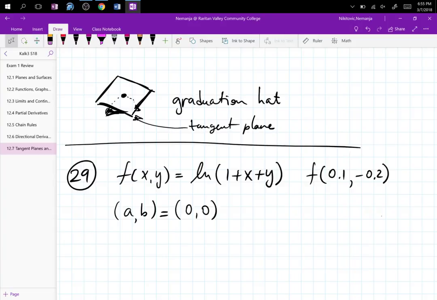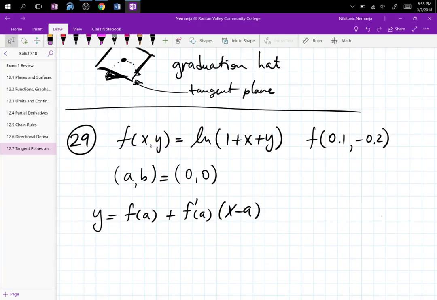So what do I have from Calc 1? If you recall, in Calculus 1, I'm going to erase this. In Calculus 1, we said that the linear approximation y was f computed at a plus the derivative computed at a times x minus a. Now I need to make this 3D, move this to the z level.